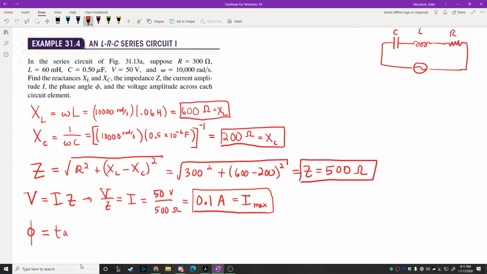One of them would be you take the arctan of XL minus XC, and we divide this by R. So this would be the arctan of XL minus XC, which is 600 minus 200, and then divide by R, which is 300.